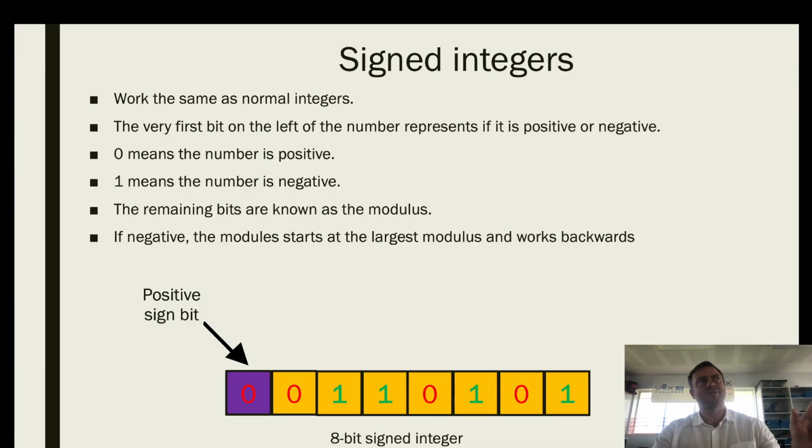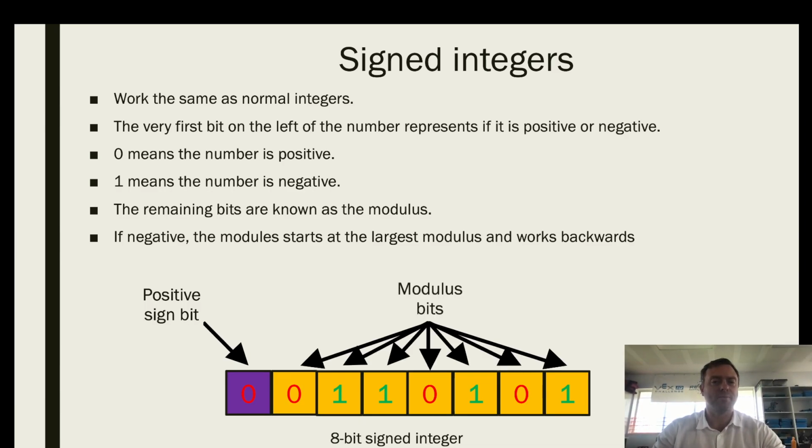Some people will teach signed integers where it's just that bit and then everything else stays the same. I'm going to get you in the mindset of how signed integers can work, but you're basically going to learn a more advanced concept, which means you work in reverse like that last point says. So these are all the modulus bits on the end. And then that equals 53.